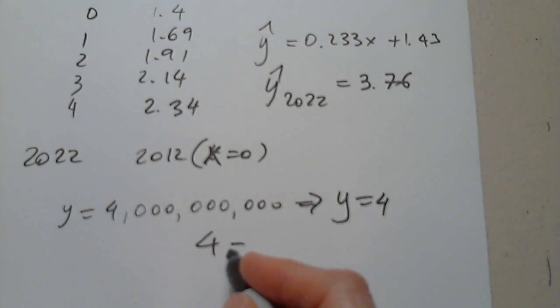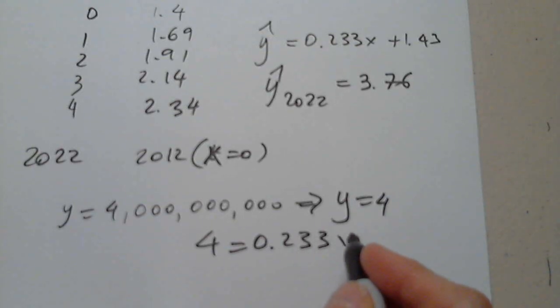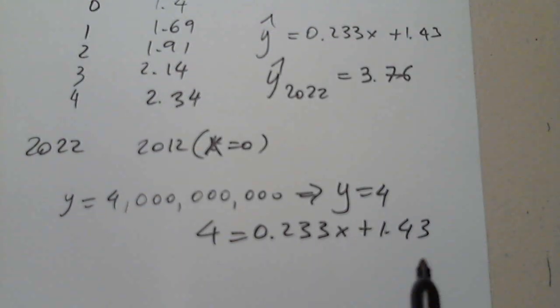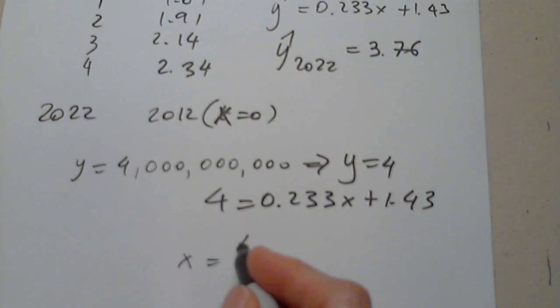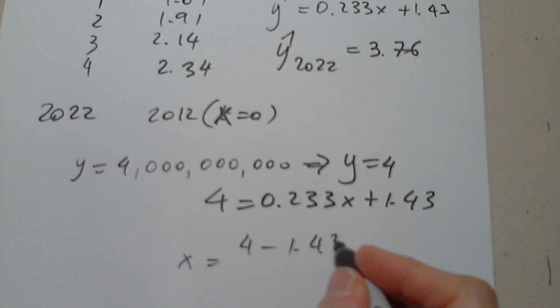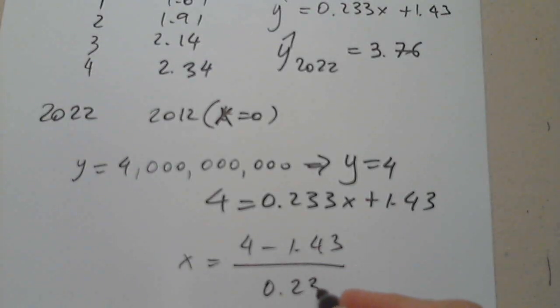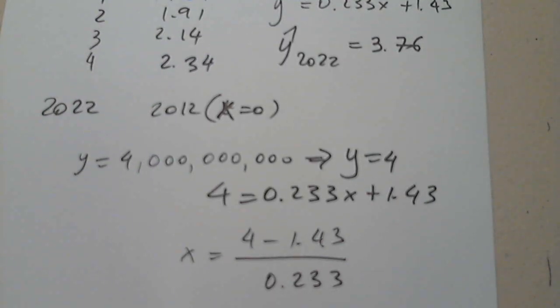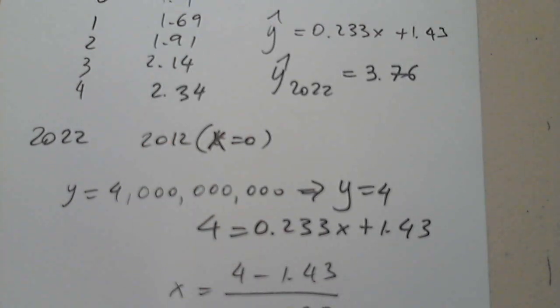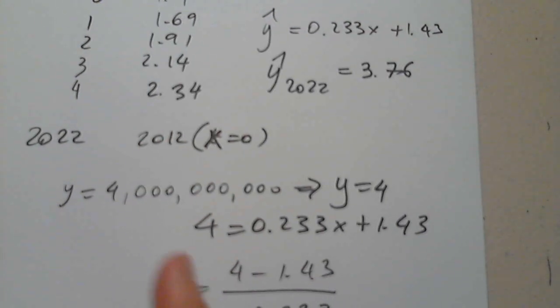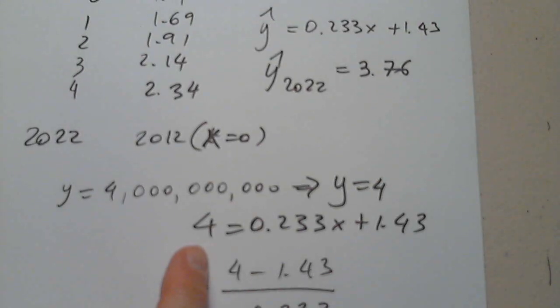So 4 equals 0.233x plus 1.43. I subtract and divide. So then x equals 4 minus 1.43 over 0.233. And this is the x, number of years since 2012 when y will reach 4 billion.